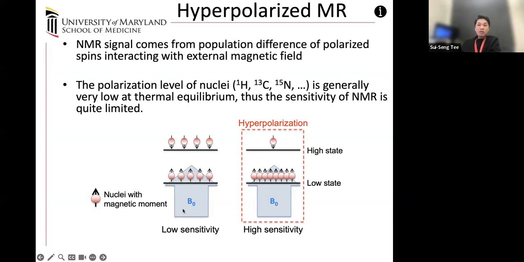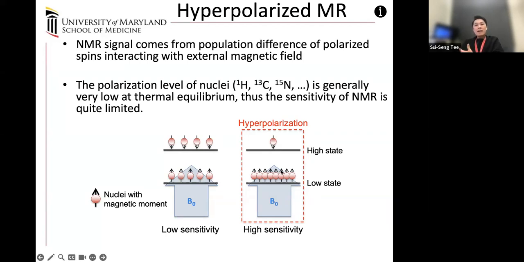So when there is a very strong magnet, these nuclei exist in two spin states. It is the difference in the spin states that gives us the NMR signal. At thermal equilibrium, at room temperature, the difference in the spin states is very small. So NMR is inherently a pretty insensitive technique, right?